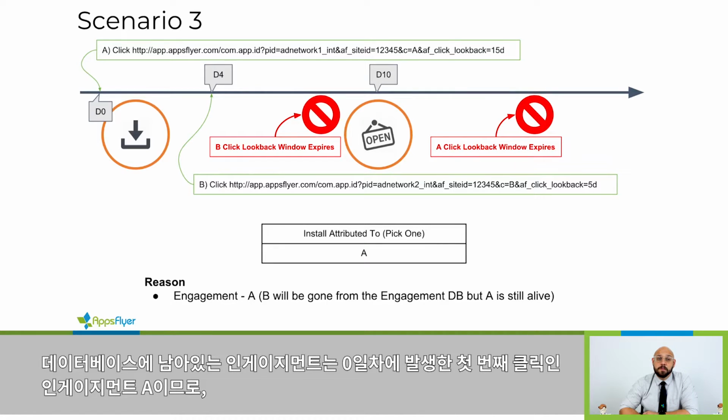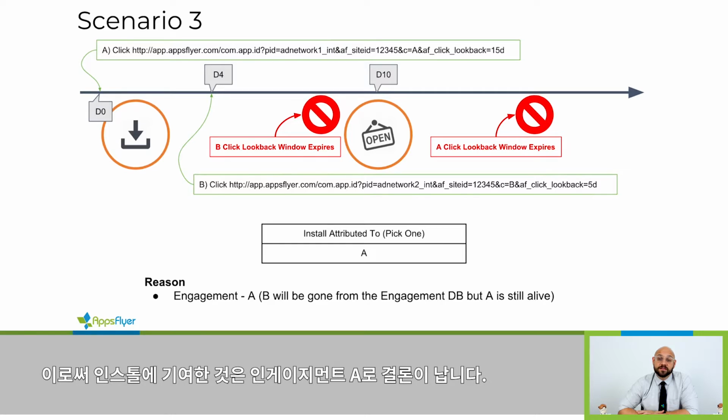So the only remaining engagement that was in the database was the original click on day 0 from click A, or engagement A. That means that this install will get attributed to engagement A.